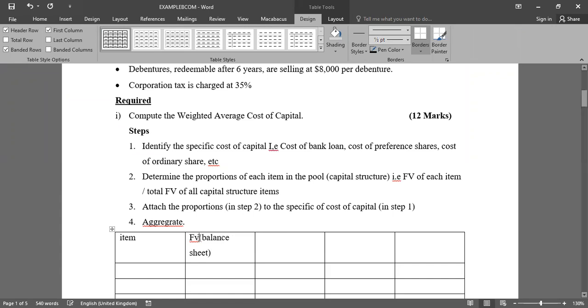Let me stick to face value, because if not, we can use the value or the totals. Then you bring the proportion, and then the specific cost of debt and cost of equity. Then you have the weighted at the end when you add them together.